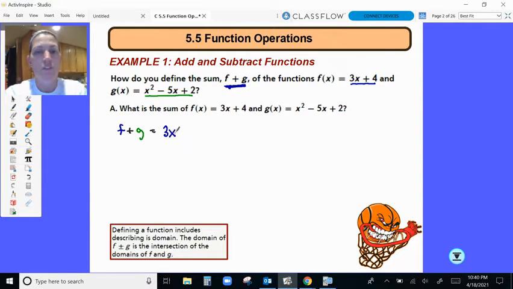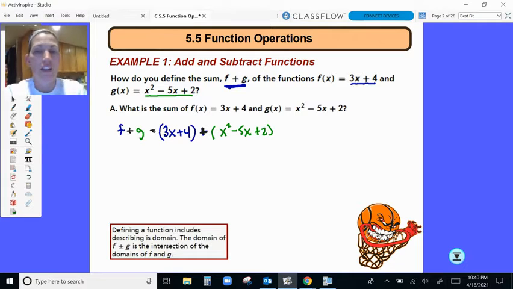Since it's addition, there's nothing particularly restrictive about that. We just get to add. You need to keep that black.